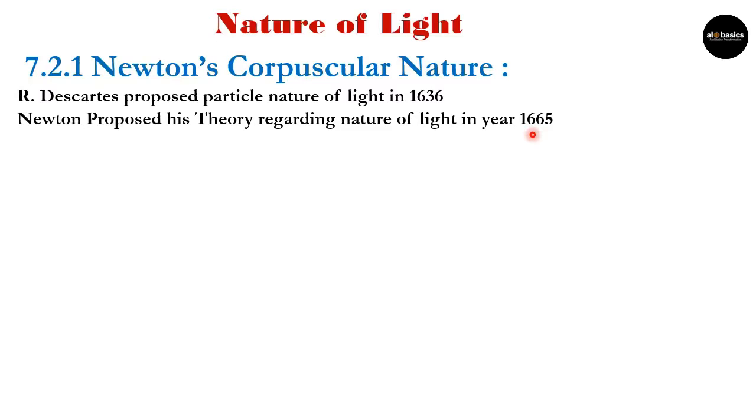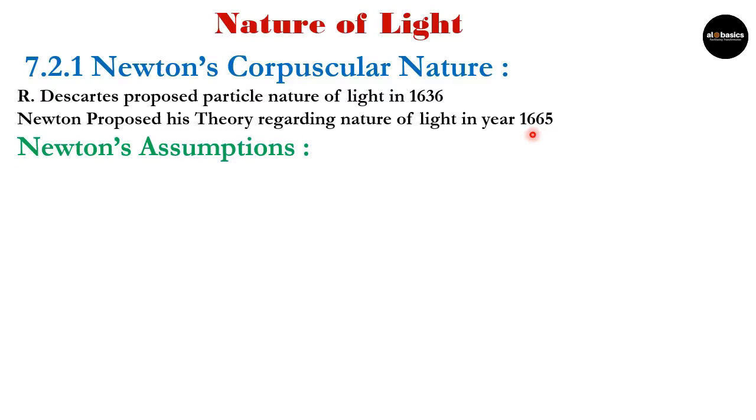It is purely based on the phenomena of light known at that time, such as rectilinear propagation of light, reflection, refraction of light, different colors of light, etc. What were his considerations or assumptions regarding this particle nature?